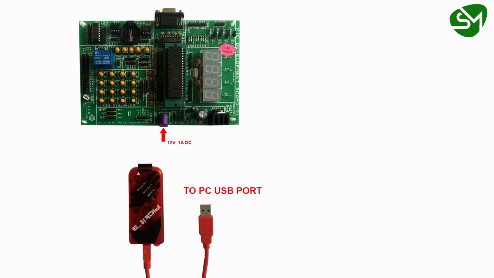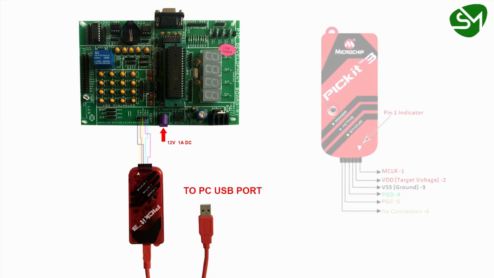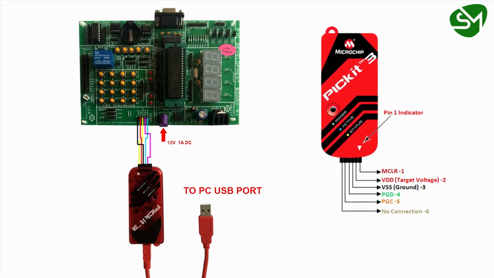For uploading the program onto the microcontroller, firstly, power up the development board using an external 12V 1A adapter through this socket provided. And then connect the PICkit 3 to your PC USB port using a mini USB cable. Then the terminals of the PICkit 3 are connected to the microcontroller as per this circuit diagram.